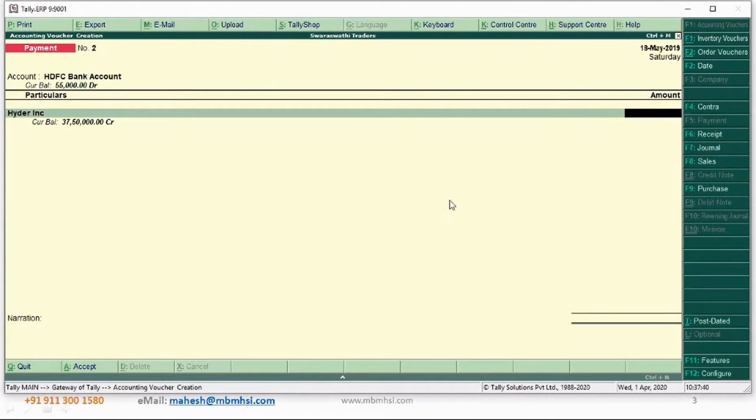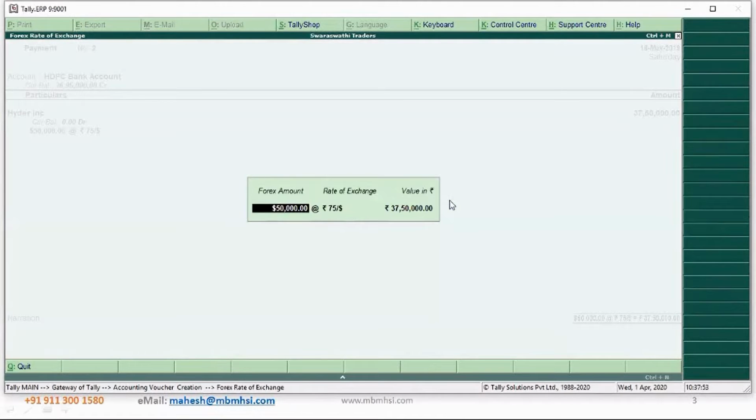Assume that I'm paying all 50,000 US dollars, so I'm typing $50,000. Once I type $50,000, it asks me what is the exchange rate. Here it is defaulting to 75 as the exchange rate because my last transaction in Tally was at 75 rupees. So it is just pulling that information.